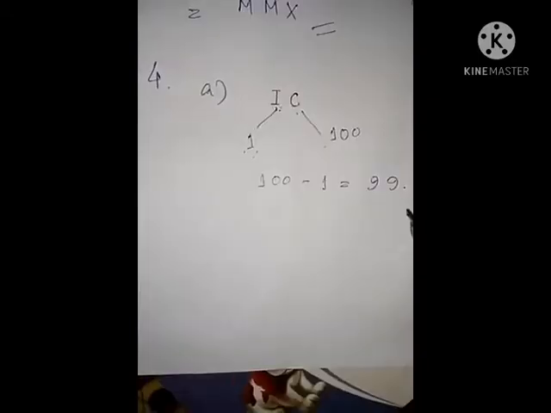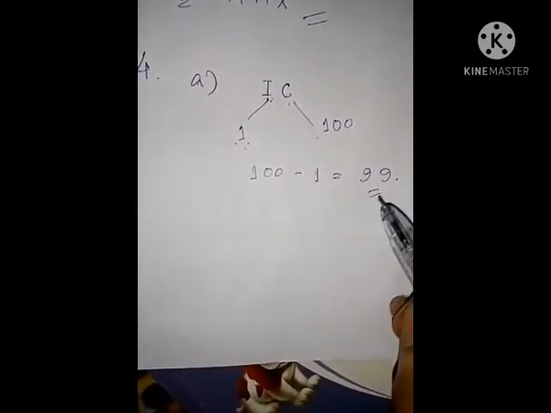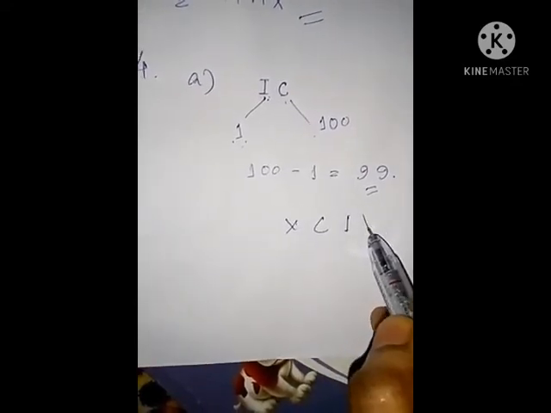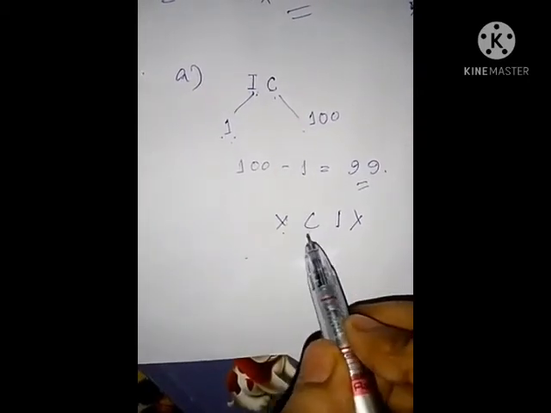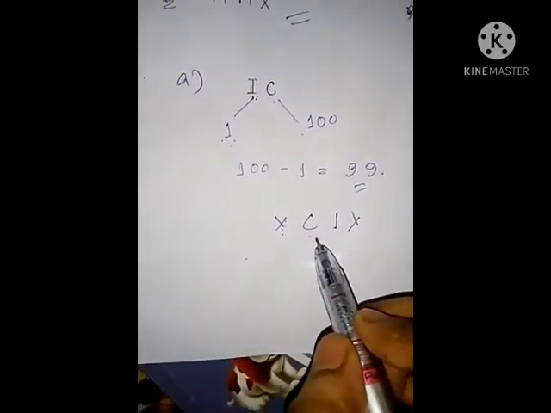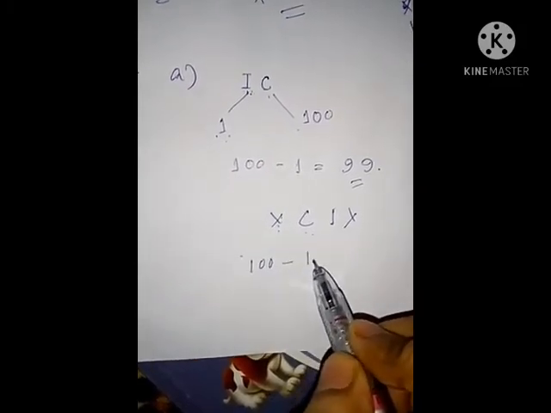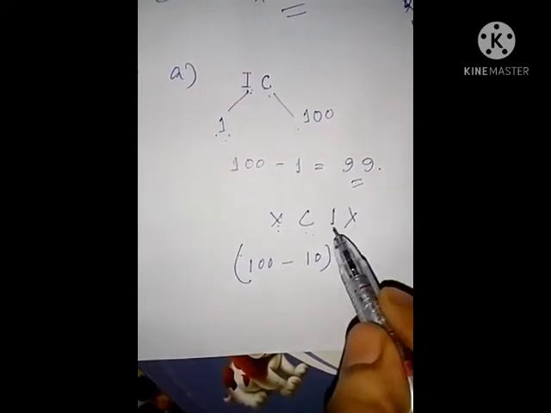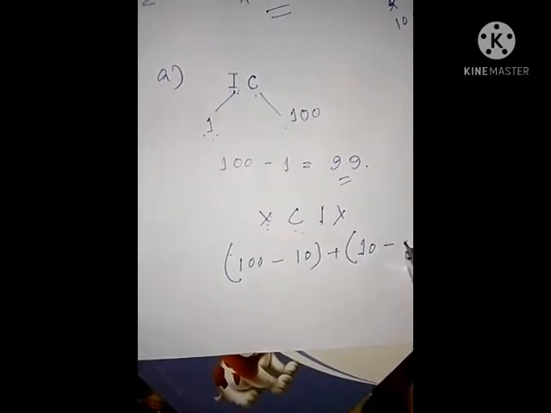Okay, but we know that the Roman numeral of 99 is XCIX. See, XC means the value of X is 10, the value of C is 100, so we have to subtract 10 from the 100. Plus this is IX, value of I is 1, value of X is 10 and this 1.